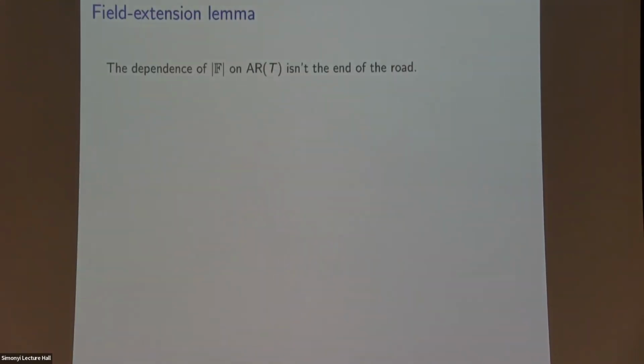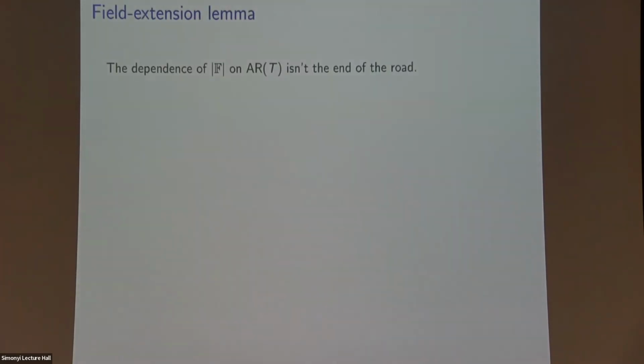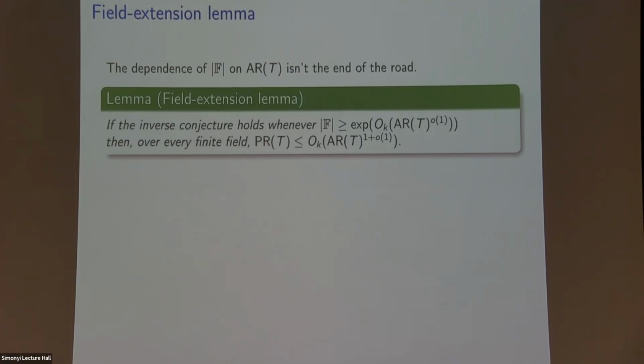Another lemma in this paper is maybe a second defense of why the assumption on the field size isn't that horrible, even if you care only about small fields. I call it a field extension lemma, saying that if you can prove this inverse conjecture, this partition rank analytic rank conjecture, for any field of size sub-exponential in the analytic rank, then you basically prove the actual conjecture.